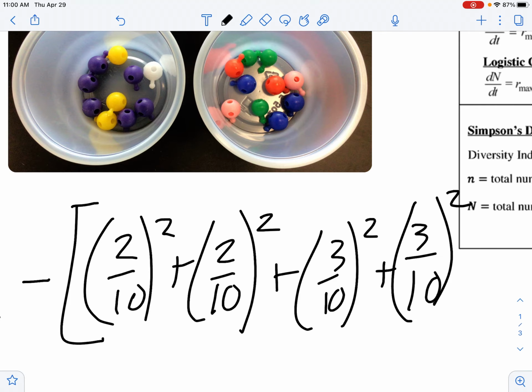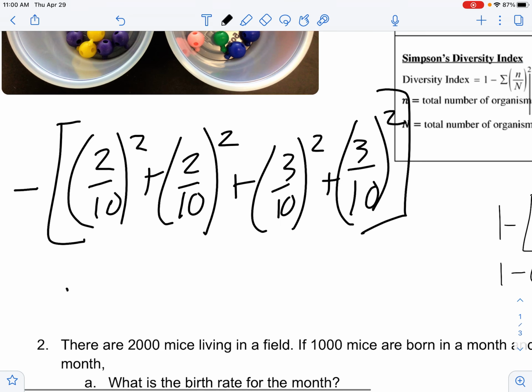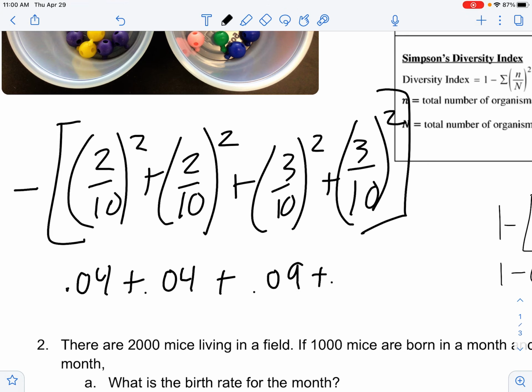So we're going to do all of those and take 1 minus that. 0.2 squared is 0.04, plus 0.04, plus 0.3 squared, which is 0.09. So add those up and do 1 minus all those.